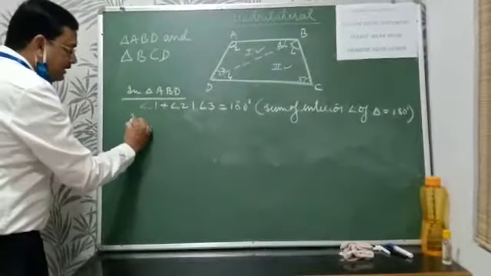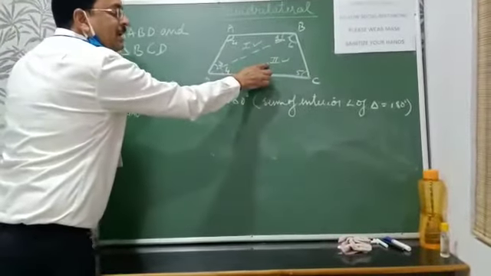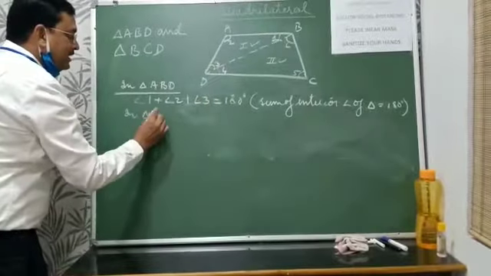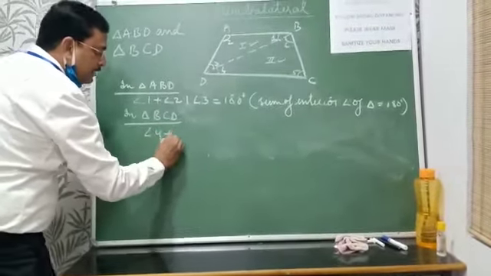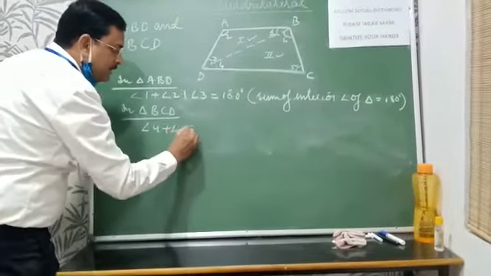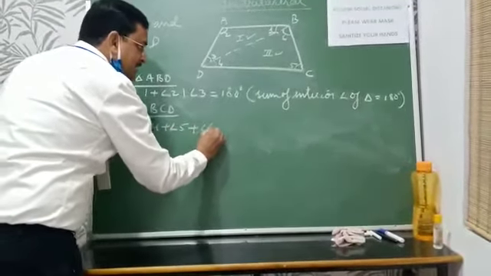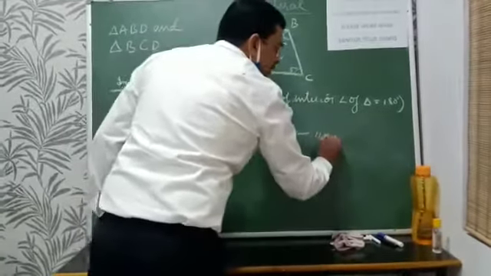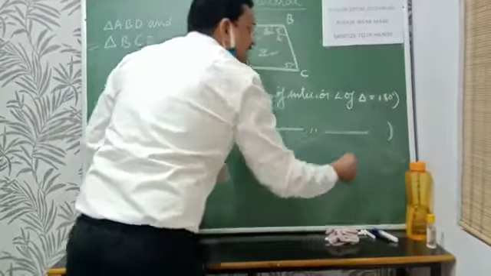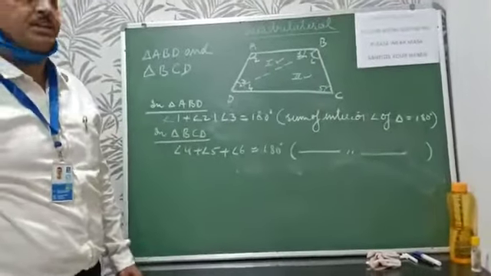Similarly, in the second triangle, triangle BCD, angle 4 plus angle 5 plus angle 6 is equal to 180 degrees. Same reason here, because the sum of the interior angles of a triangle is equal to 180 degrees.